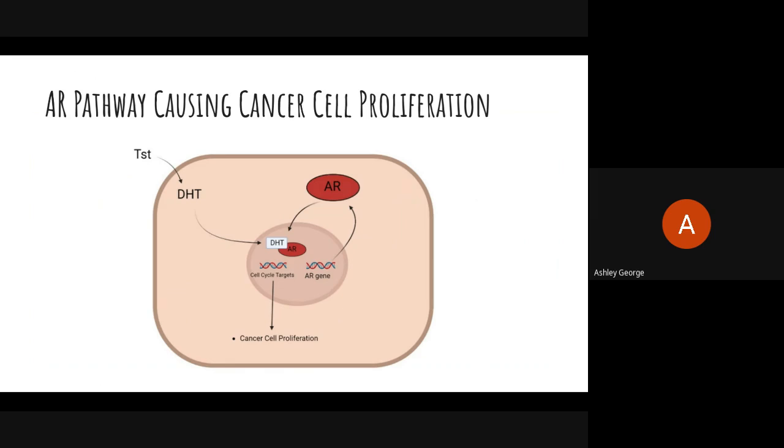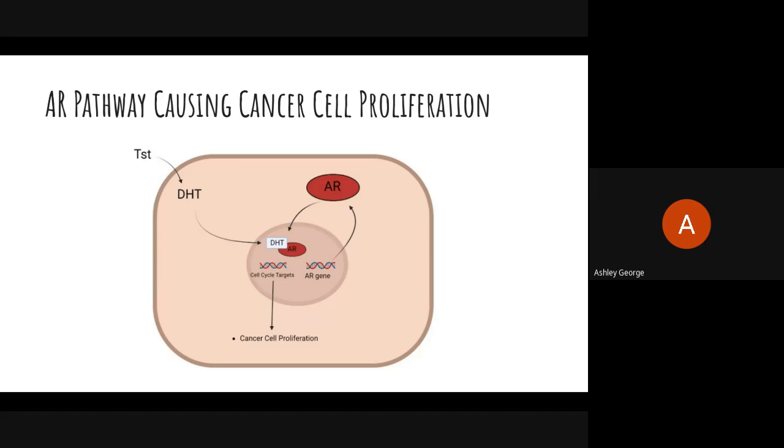So studies show that cancer growth in the prostate depends on testosterone. As we see up here, this T stands for testosterone. It gets converted into dihydrotestosterone through a reduction reaction. And the dihydrotestosterone is what binds with the androgen receptor, as we see here. And it leads to the translocation, or the movement, of this complex from outside of the nucleus into it, and increases the cell cycle genes' transcription rates.